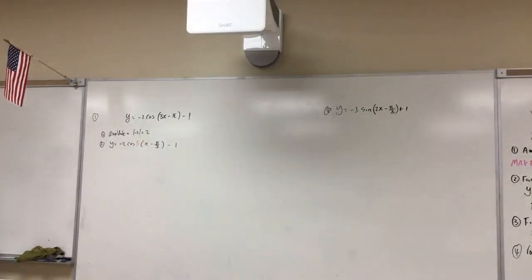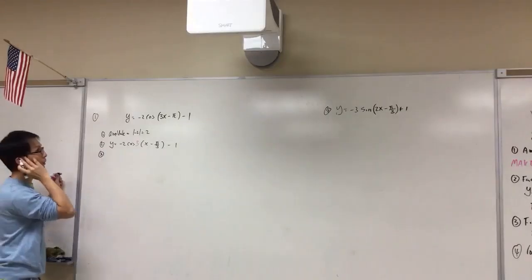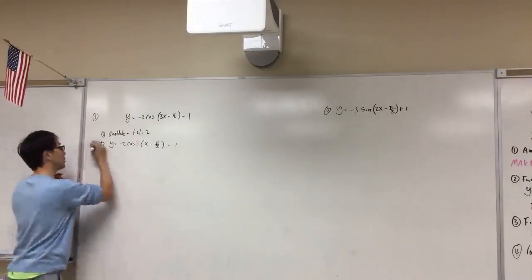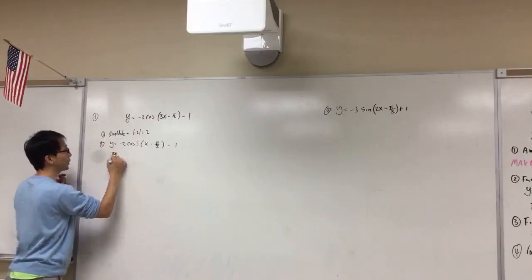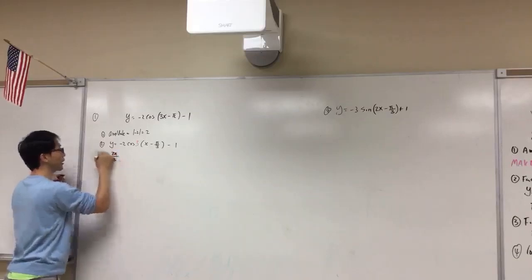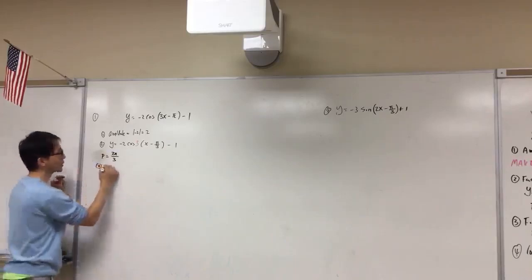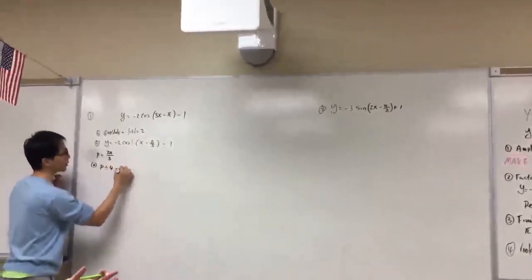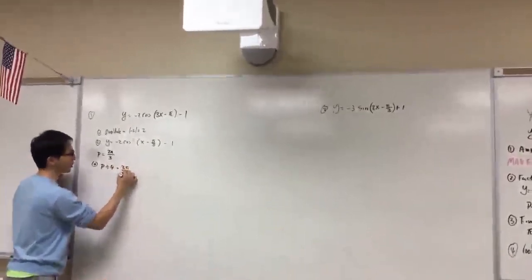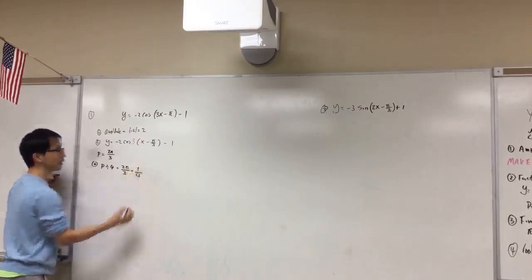Okay, so the third step is what? Period. Oh no, this is period, I haven't found it yet. So period is what? 2 pi over 3. So that's my period. And the fourth step is period divided by 4, which is quarter period, so it'll be 2 pi over 3 times 1 over 4.